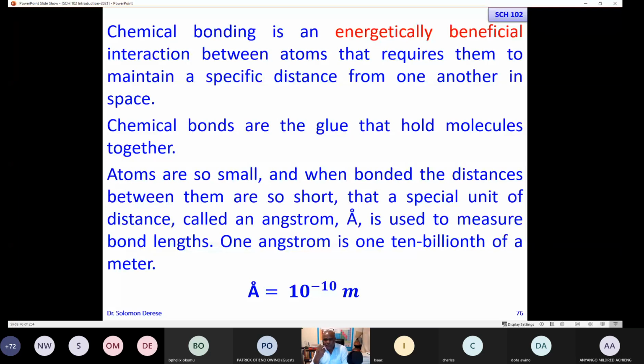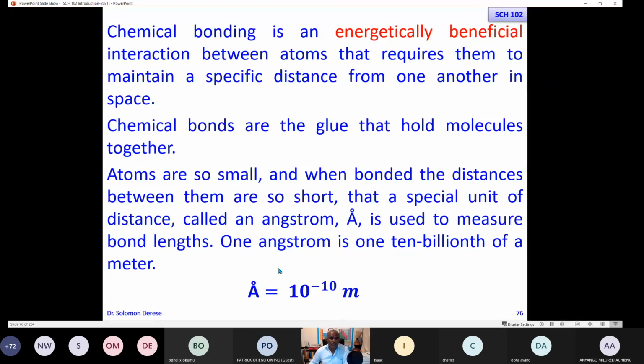So instead of doing that, you can express the distance between two atoms in terms of the angstrom unit, so that you can say the bond distance between two atoms is 100 angstrom units, meaning 100 times 10 to the power of minus 10 meters. So you'll frequently see distance between atoms expressed in angstrom units.